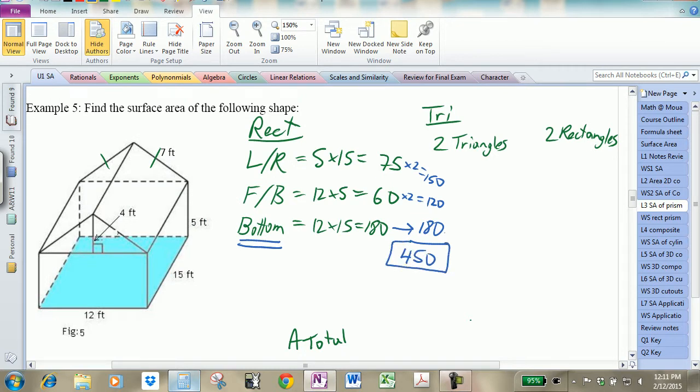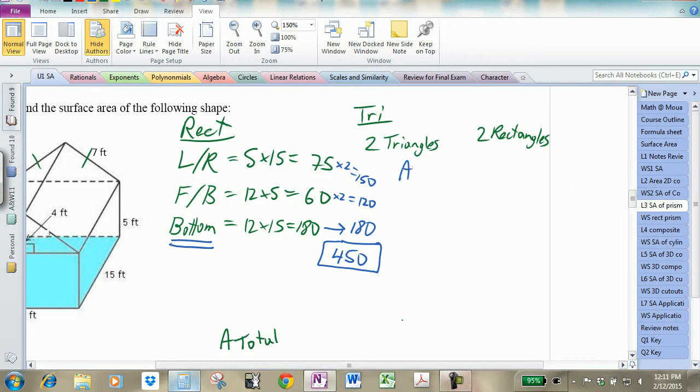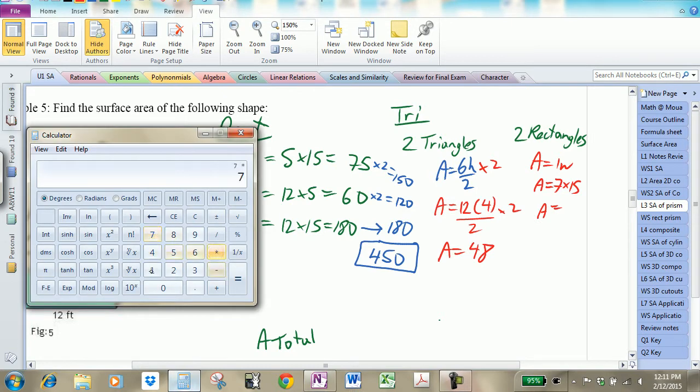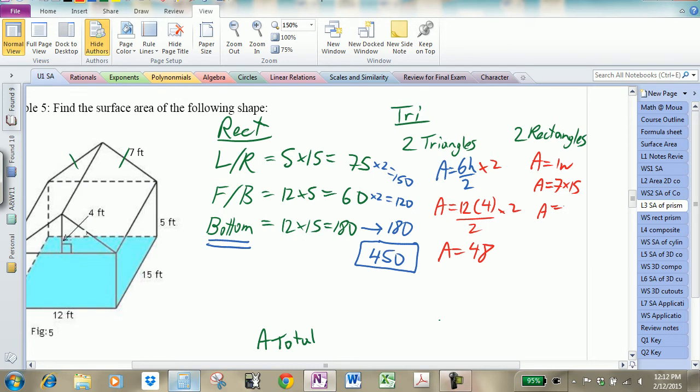I just decided to. For your triangles, area equals base times height divided by 2 and then times 2. Okay. So the base is 12, height is 4, area equals 48. Okay. For the rectangles, they would be length times width, 7 times 15, 105.